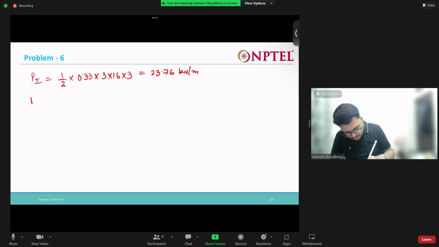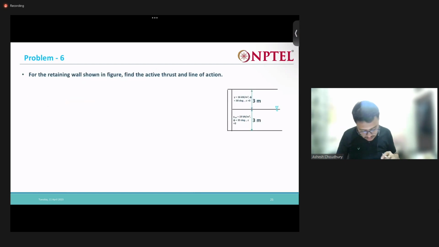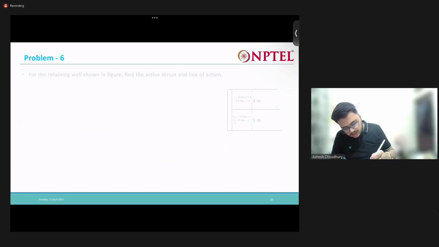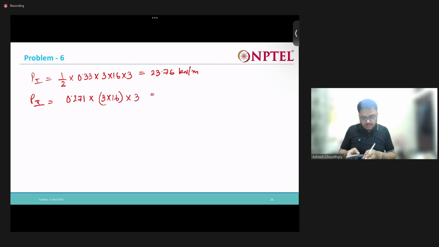Then P2 similarly will be 0.271 into 3 into 16 into 3, 9 into 16 into 0.27, how much? 39.02.